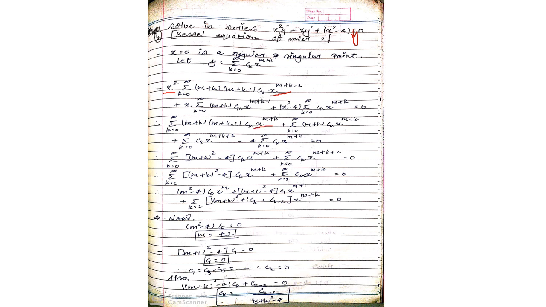Now next again there are two terms of x, so converting into a single term of x, it will be x raised to 1 plus m plus k minus 1, plus 1 and minus 1 cancel, so it will be m plus k. And here you already open the brackets now, right?